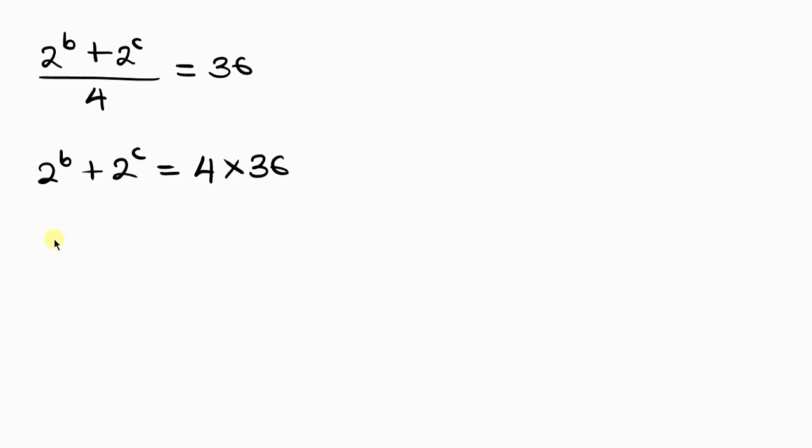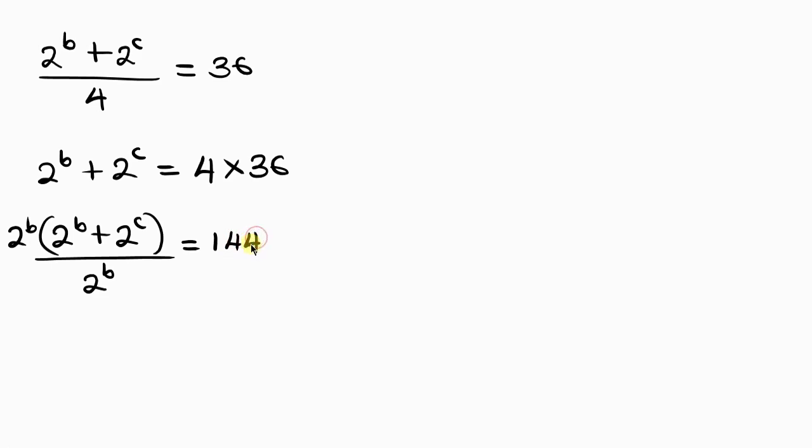Our next step will be for us to multiply and divide the left-hand side by 2 to the b. So from the left-hand side, I've got 2 to the b plus 2 to the c. So I'm going to be multiplying by 2 to the b, and I'll also divide by 2 to the b, equal to 4 times 36 is 144.